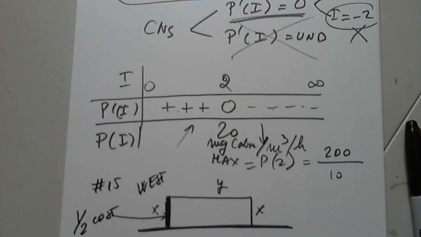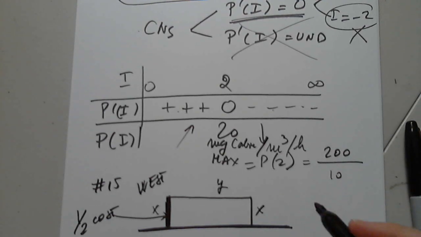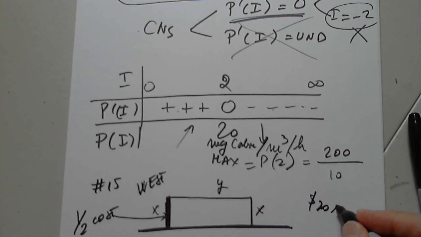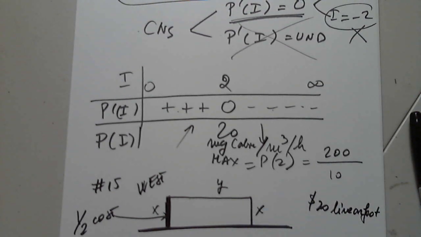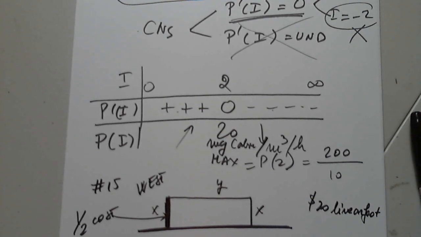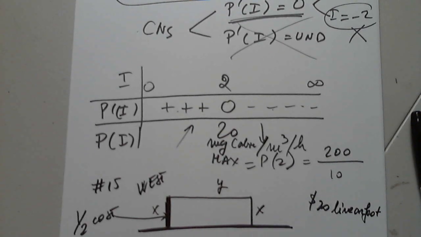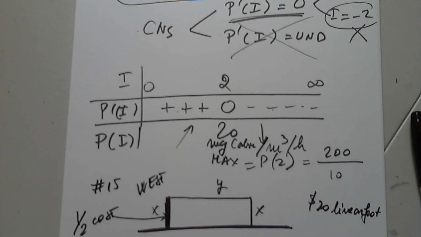Who will split? Okay. If the fencing costs $20 per linear foot to install, and the farmer is not willing to spend more than $5,000, okay, find the dimensions for the plot that would enclose the most area.